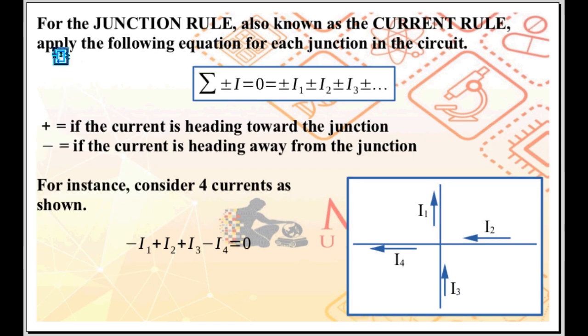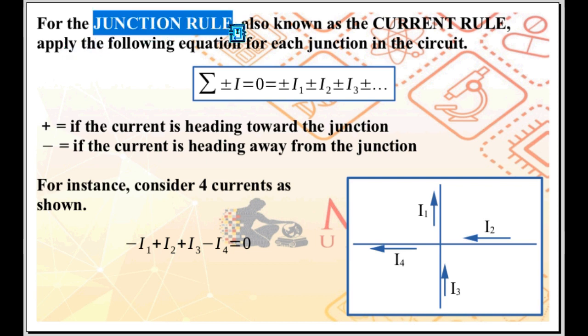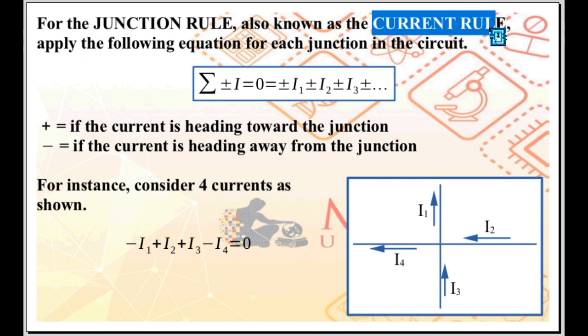Now that you are familiar with what a junction is and what a loop is, let's go over the two rules of Kirchhoff's rules, the junction rule and the loop rule. Starting with the junction rule, also known as the current rule, because in the junction rule, we look at the currents in the circuit.